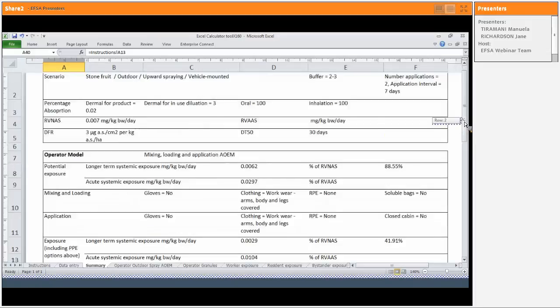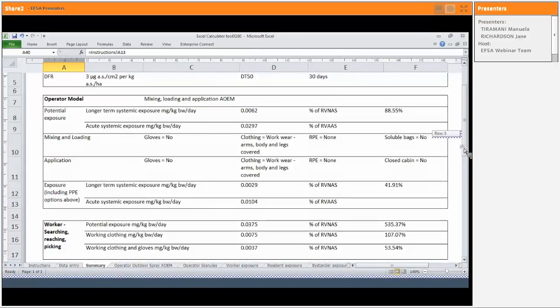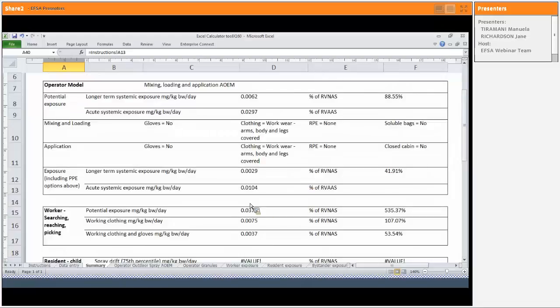And then we can look down, and here we have the operator exposure shown here and the worker exposure shown here. And just taking a quick look, we can see that in both cases the predicted exposure is below the AOEL. So we can see here for the operator and also for the worker.